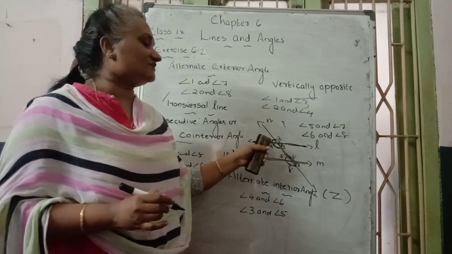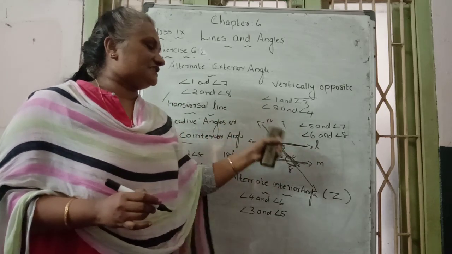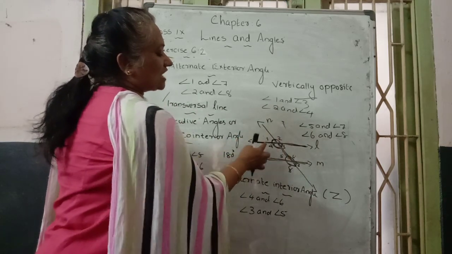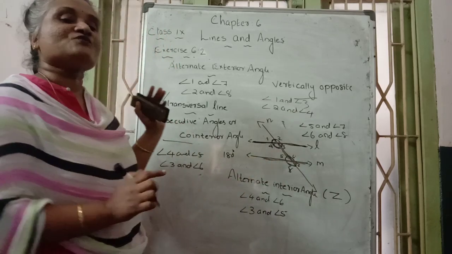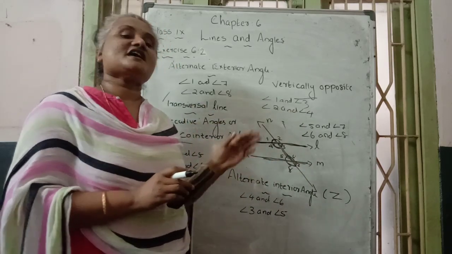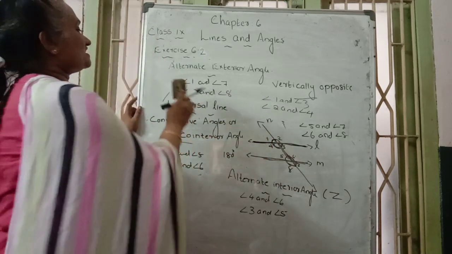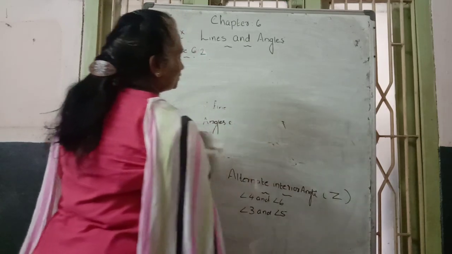They make a V shape, as we discussed earlier. In the transversal case also, vertically opposite means 1 and 3, 2 and 4, 5 and 7, 6 and 8. I hope you can understand this one. So, vertically opposite angles. Next we go through exercise 6.2.